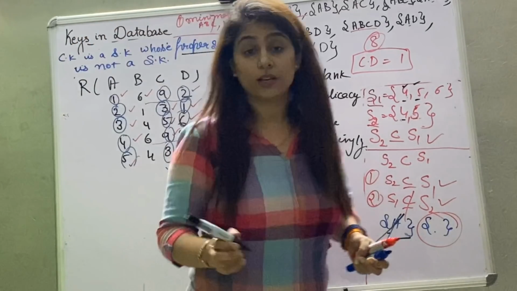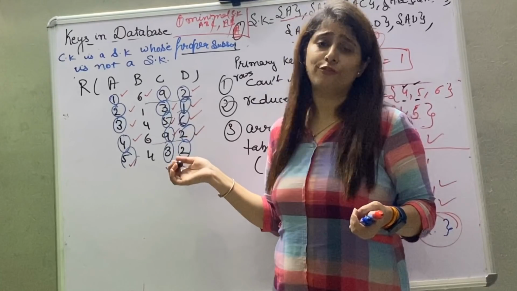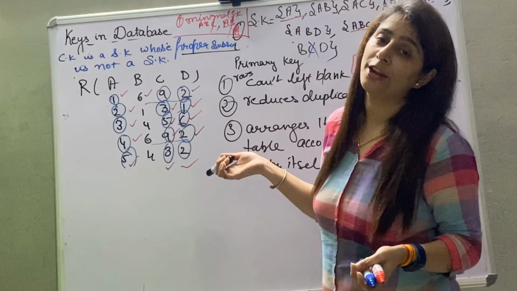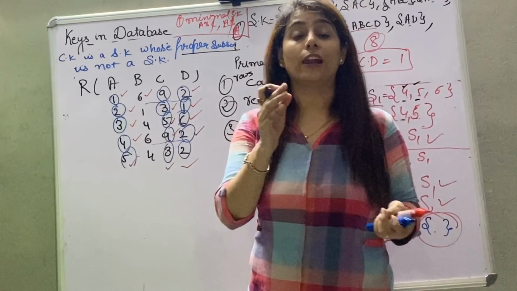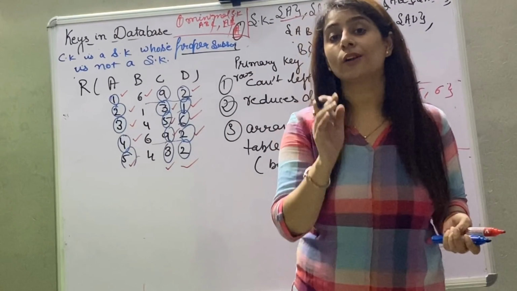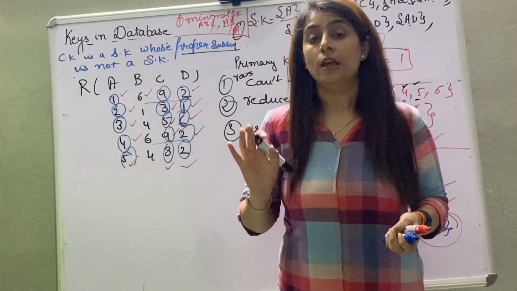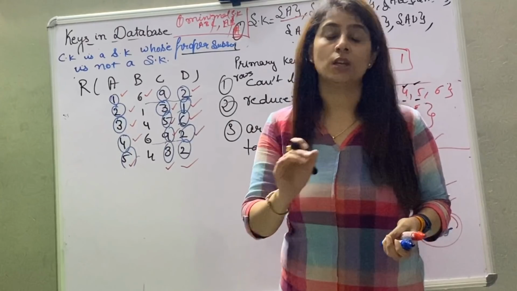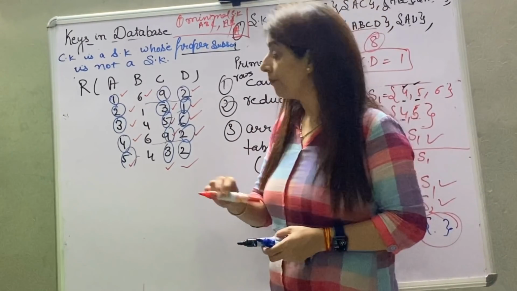Now let's see this relation over here. I think it is easy for you now to check which can be the primary key. Of course, where values are not repeating, that attribute will be the primary key. If any value is repeating, you cannot make it a primary key. So let's check here.